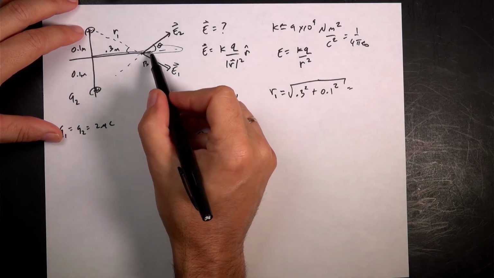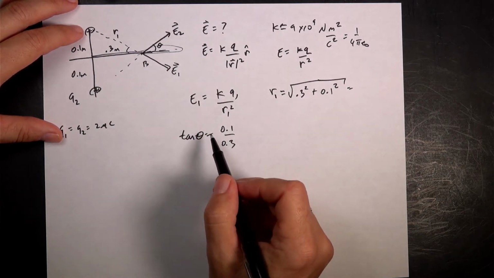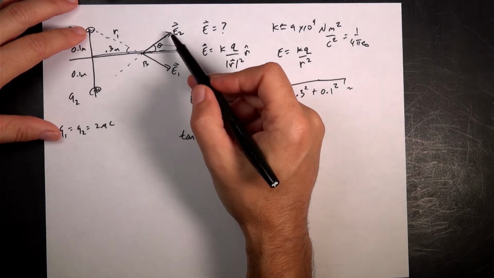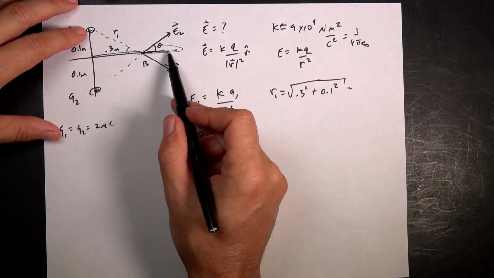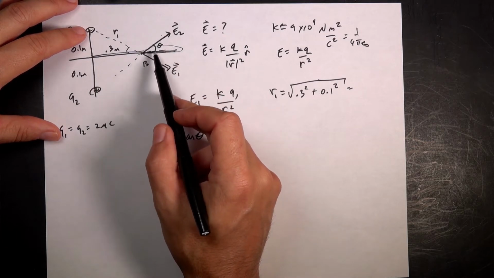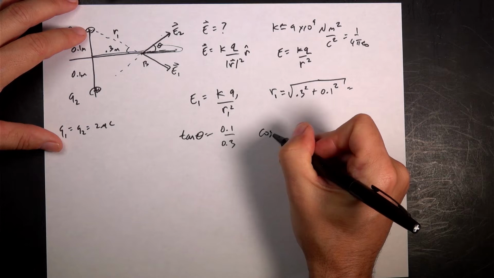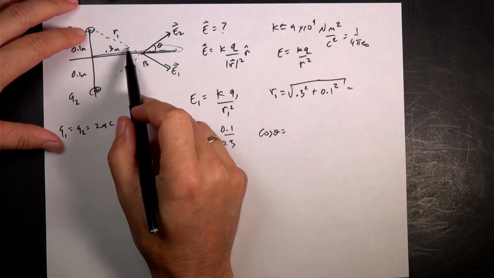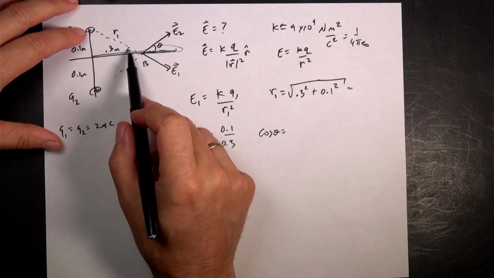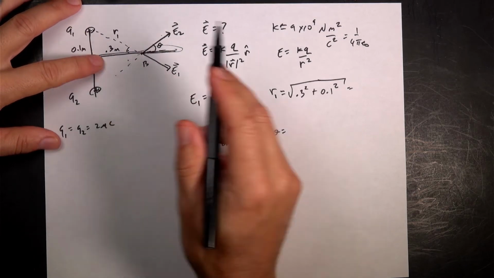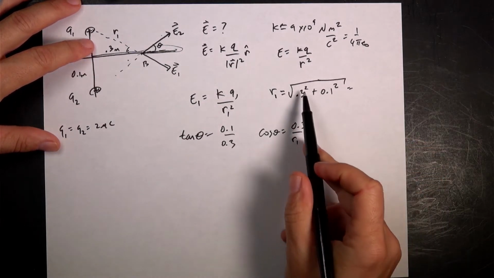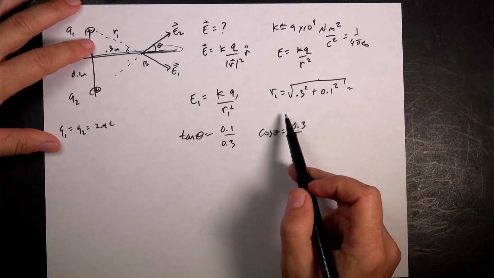You could find theta if you wanted to, but I'm not going to. Instead, once I find the magnitude of this, I want to find this adjacent side, which is going to be that magnitude times cosine theta. So cosine theta is the same angle as this, right? Because it's the same as that, which is adjacent over hypotenuse, which is 0.3 over R1. And I know R1.